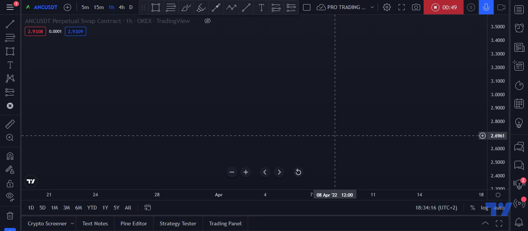How is the market formation in this moment? That is what we call market structure, the character of a market in that given moment.